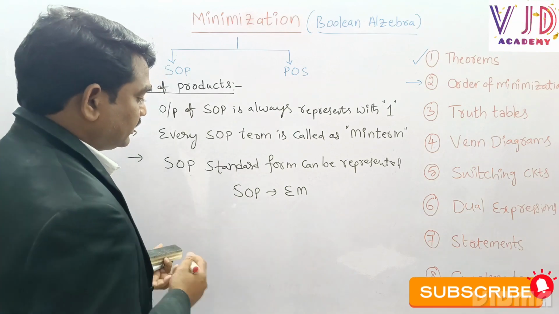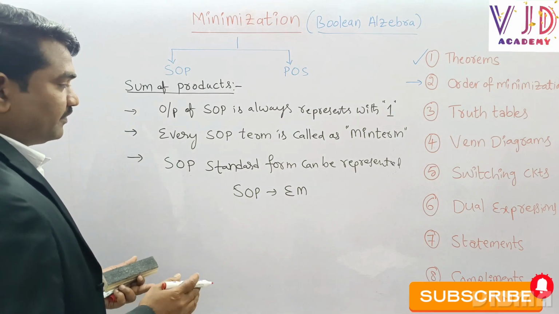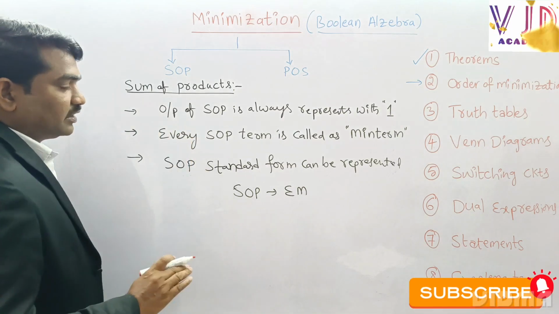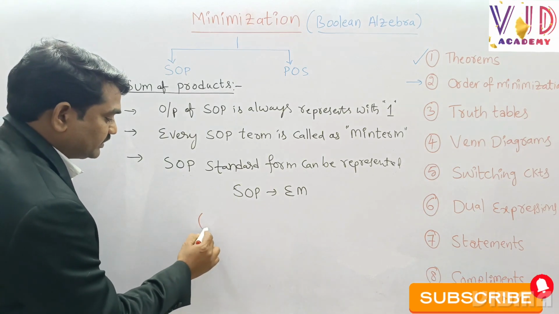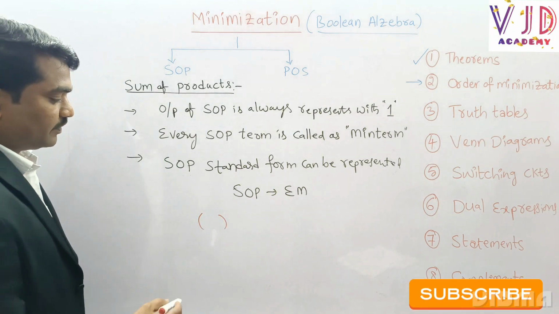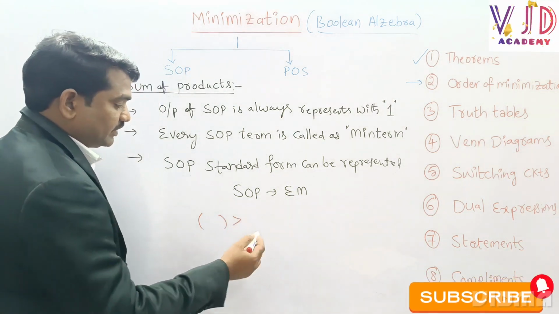When we are dealing with any logical expression, when we are focusing on the sum of products form, the first priority is bracket. After bracket we need to concentrate on the complement terms.